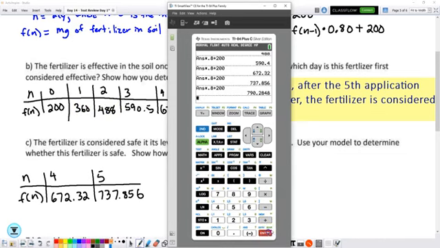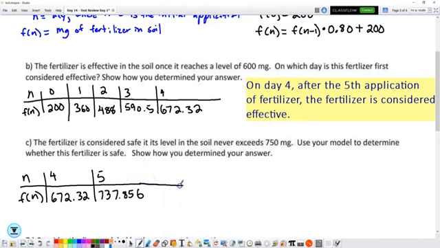Let's find out. Day 6, fail. On day 6, after that application, we're going to be at 790.2.